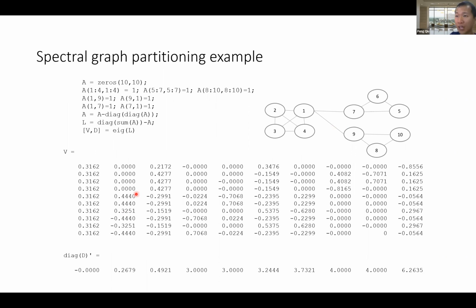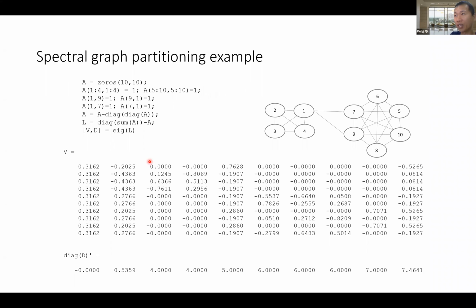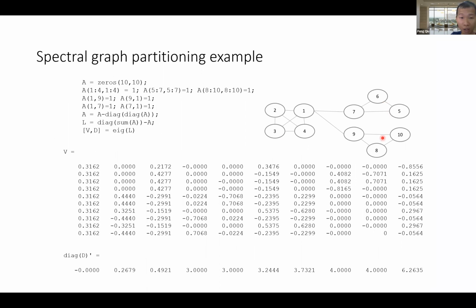And these values are very close to 0. This reflects the fact that these 4 could actually go with these. So if our weights are not 0 and 1, then there might be a little bit of bias that will encourage these to be grouped with either the upper triangle or lower triangle. But anyway, this is another example showing that the eigenvalue and eigenvector analysis is able to do clustering for you.